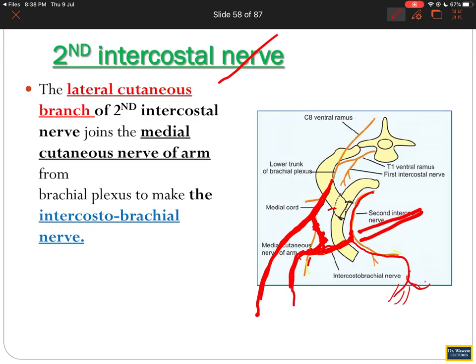This nerve's name is the intercostobrachial nerve. Intercosto means partly it is contributed by the intercostal nerve. Brachio means arm, partly contributed by the brachial plexus, the plexus of the arm. A nerve has been created. This is called the intercostobrachial nerve. Very important nerve.